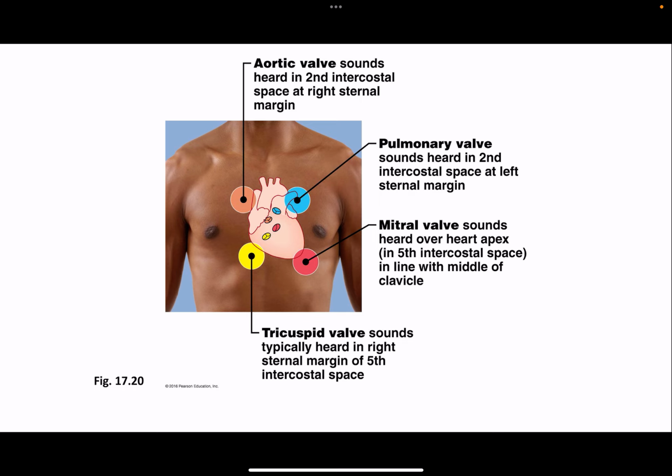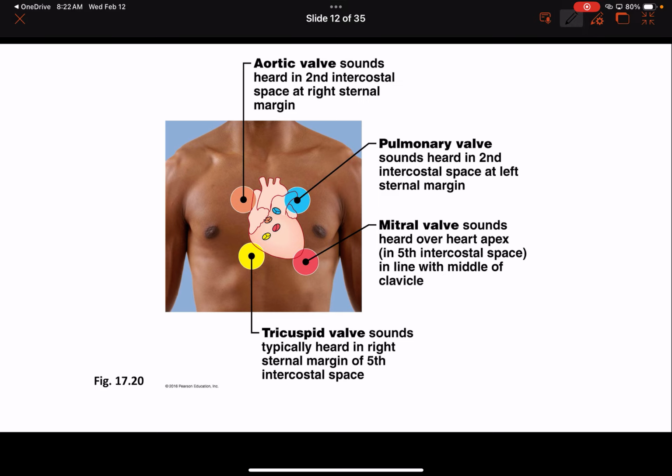The reason you can hear all 4 valve sounds is because the bicuspid actually closes before the tricuspid, and the aortic semilunar valve closes before the pulmonary.